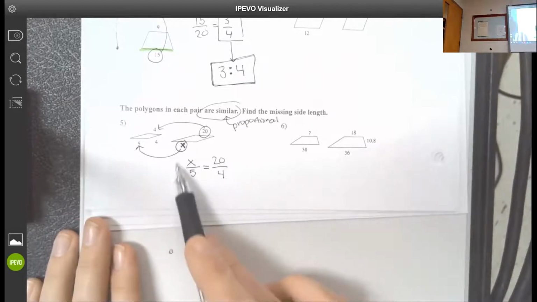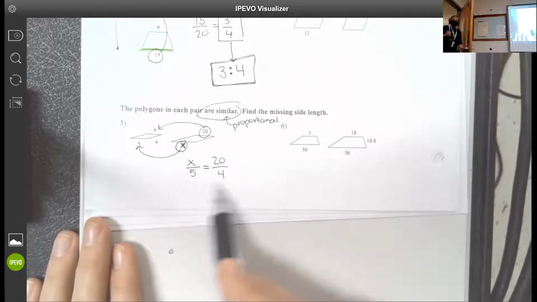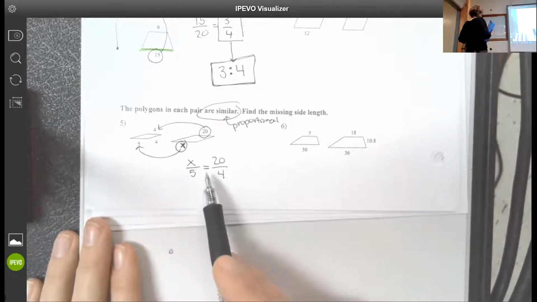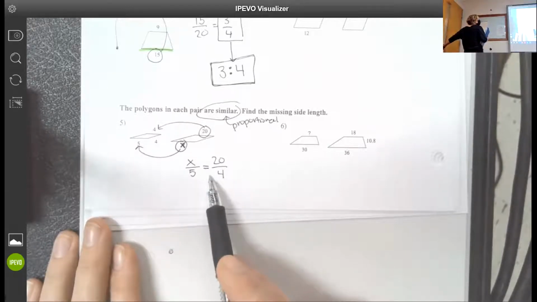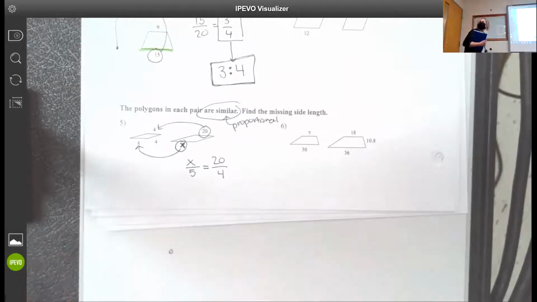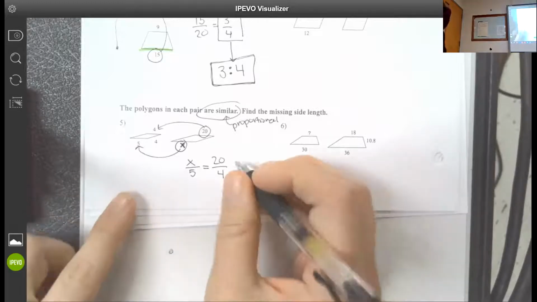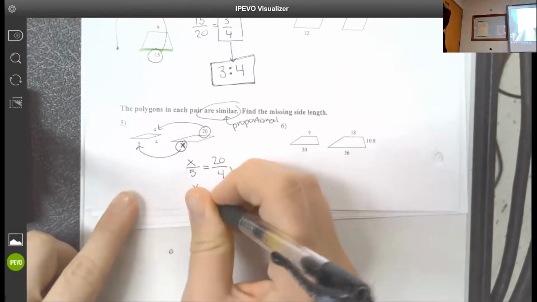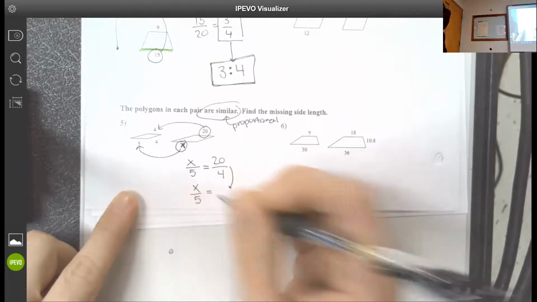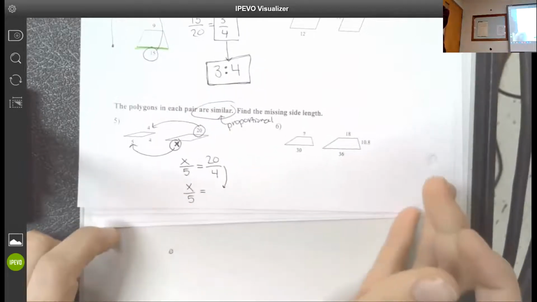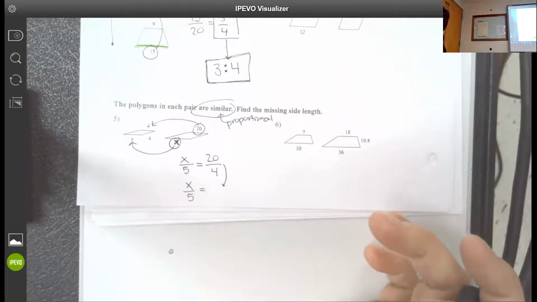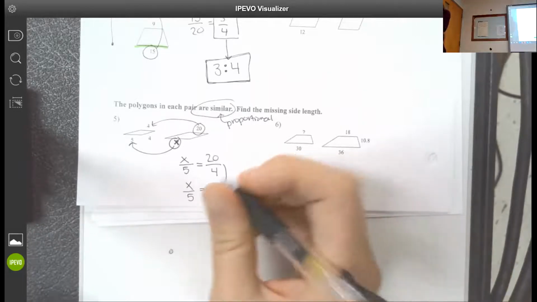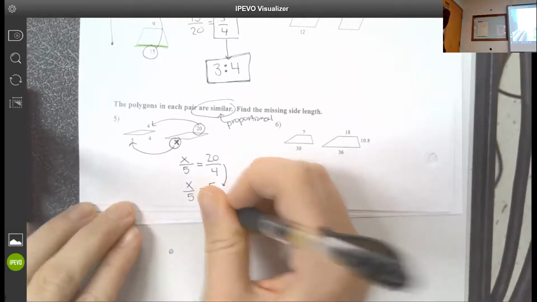So when I'm solving, and we're going to spend some more time looking at this, I'm setting up my proportion, because equal ratios are going to give me my proportion. Before I solve, I don't want to use large numbers. First, let's reduce. What is 20 over 4 reduced to? 5 over 1. So I'll leave it as 5 over 1.